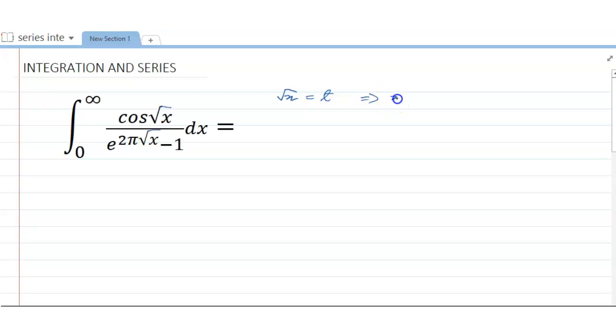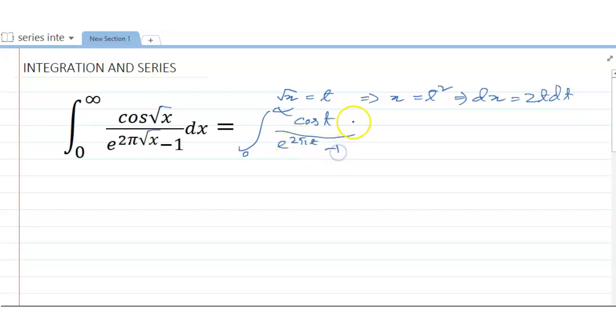So x is equal to t square, and that implies dx is equal to 2t dt, and it can be written this way: integral from 0 to infinity of cos t divided by e to the power 2 pi t minus 1, into 2t dt.